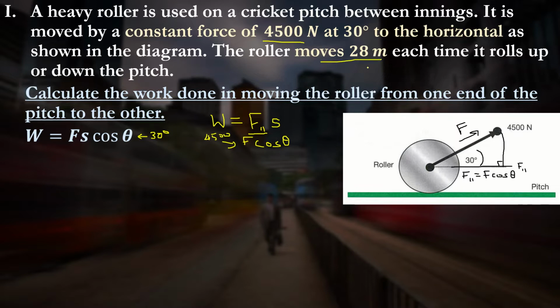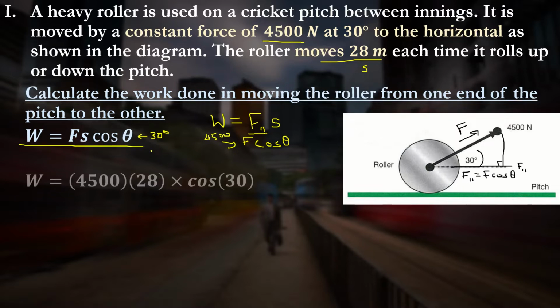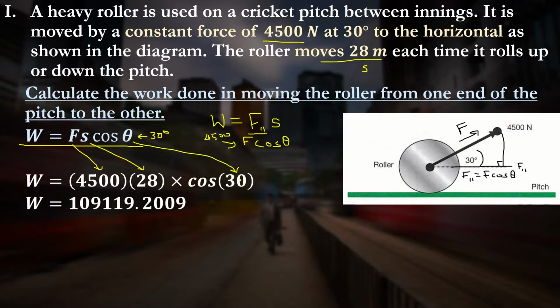We know that our displacement is going to be 28 meters. So if I substitute that into my formula, force is there, displacement there, and the angle there. If I plug it into my calculator, I'll find the total work done is the following value here.